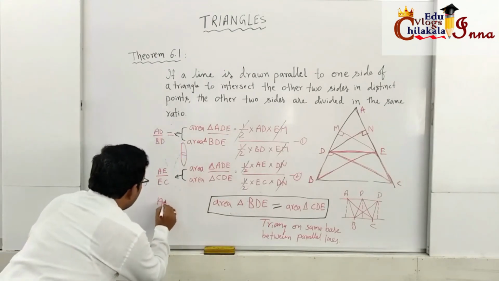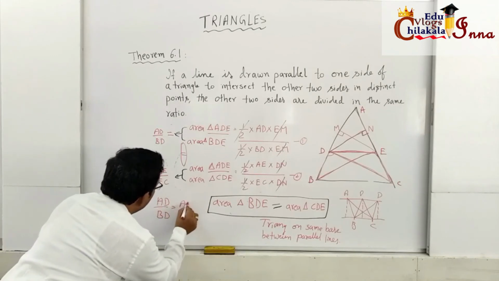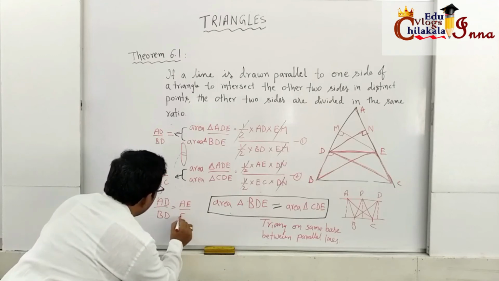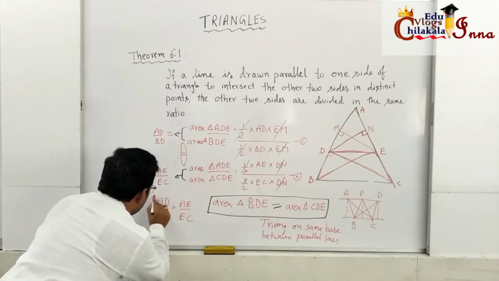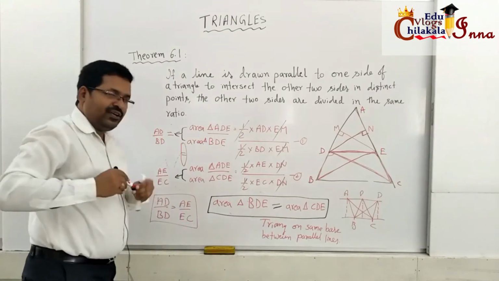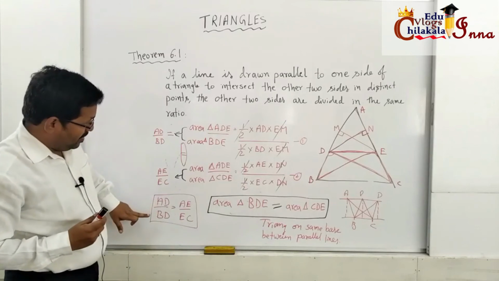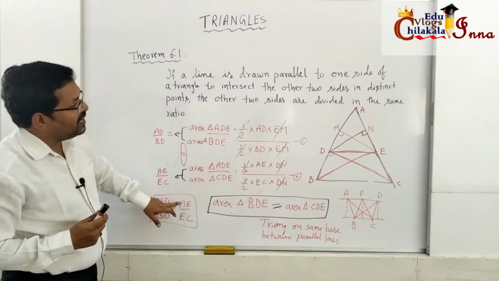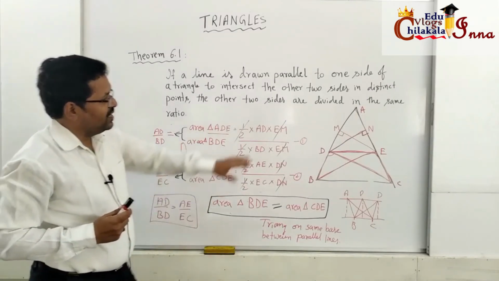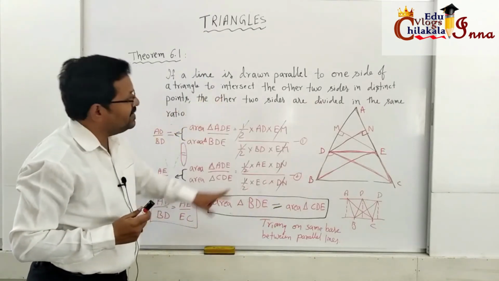What is to be proved? To be proved is AD by DB equal to AE by EC.